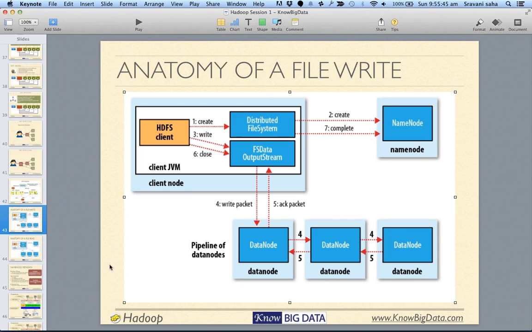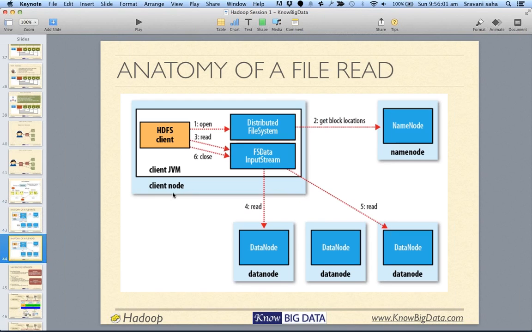So this way, the blocks are distributed by the data nodes themselves, not the name node. And once the client finishes its work with the data node, it writes back to the name node saying, I am done. Similar is the case with reads.